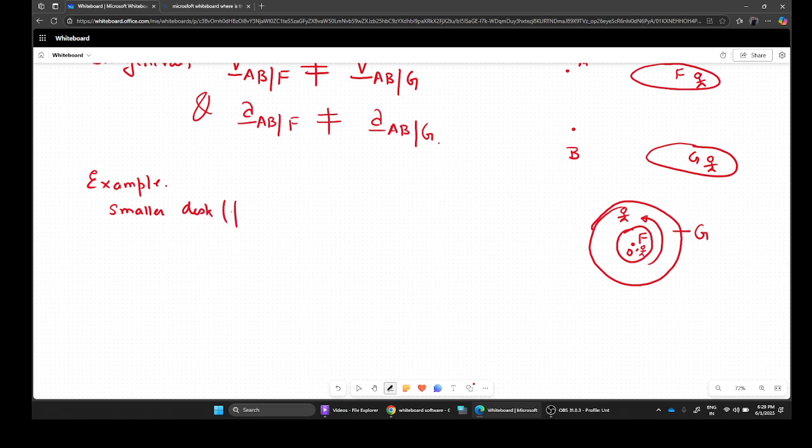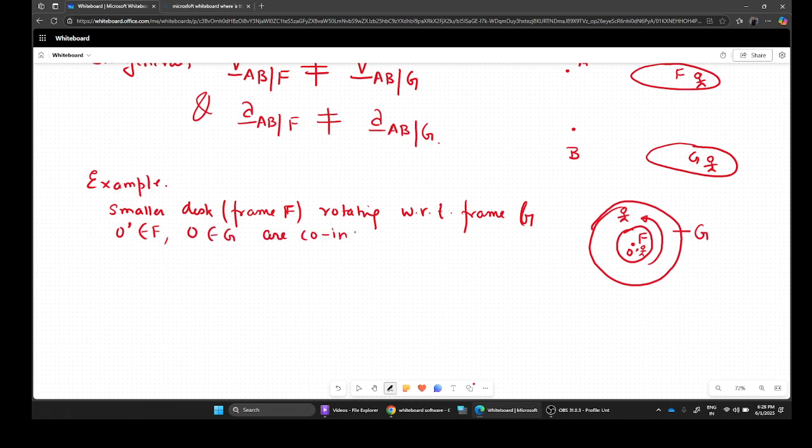The smaller disk, which is a frame by itself, is rotating with respect to frame G. And O prime, which is fixed in F, and O, which is fixed in G, are coinciding.